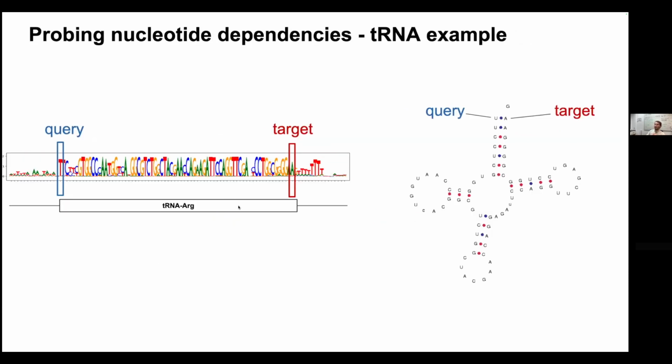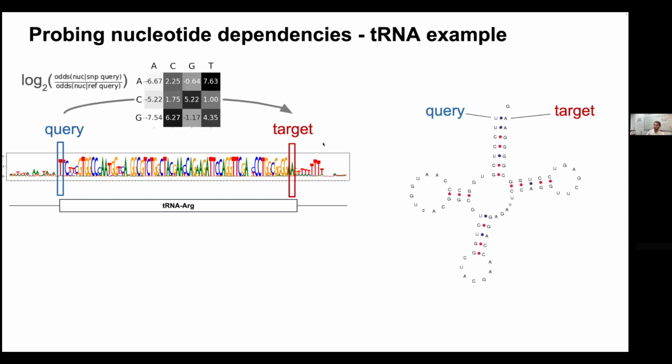In practice, if we look again at the example of the tRNA, and we select one query and one target nucleotide, which in this case are quite distal, and you might know that the tRNA falls in a specific structure, and here is the secondary structure, in this specific case the query and the target nucleotides are in Watson-Crick base pairing. So we have a U and an A, or as you might know, the U in the case of RNA belongs to a T in DNA.